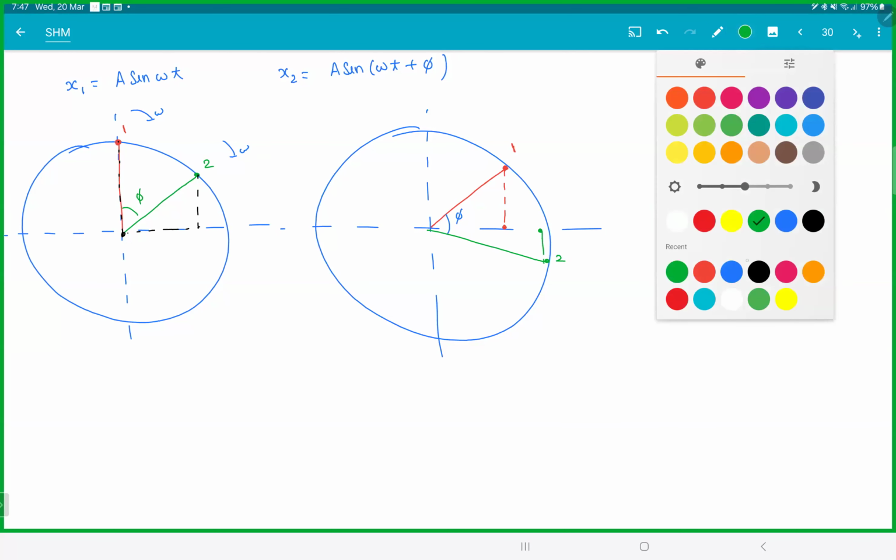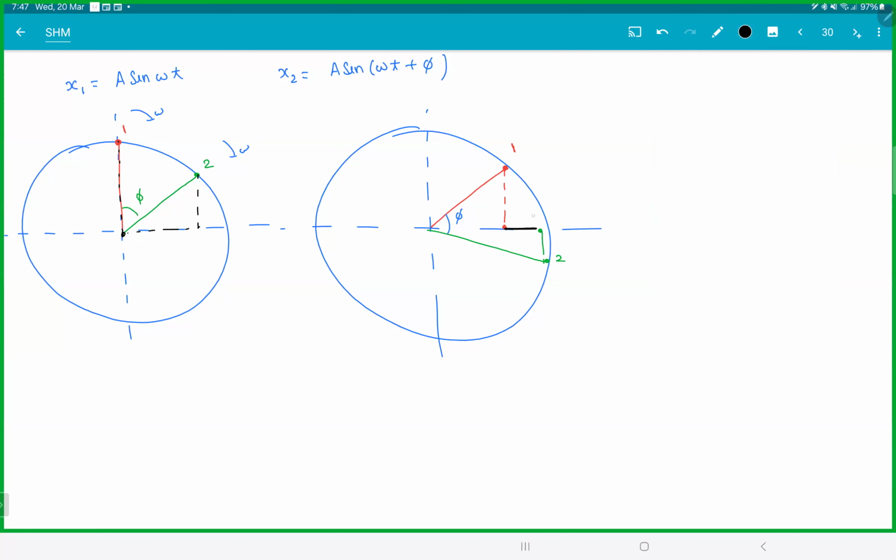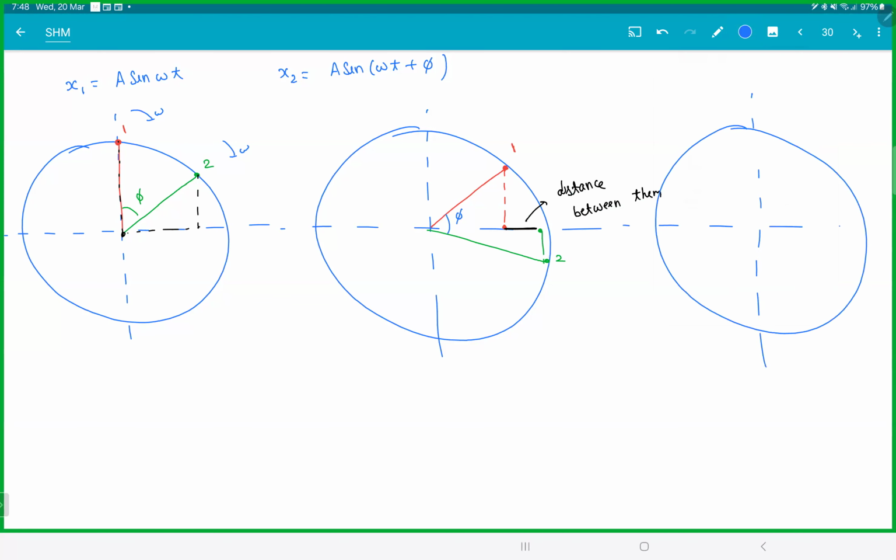This is the shadow. Now the distance between them is this. Now, if you keep doing this, you will observe. Can you tell me when will you get maximum? You will get maximum when both of them are exactly on either side of the vertical.